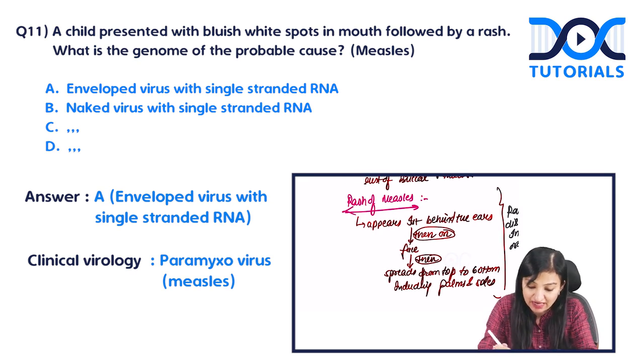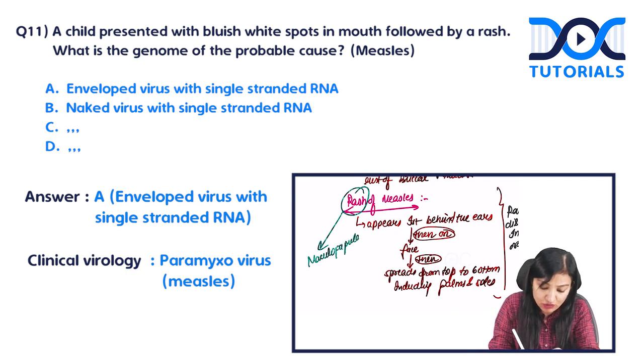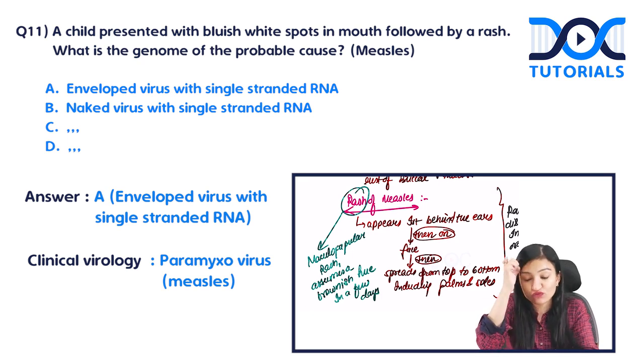And the rash is described as what? The measles rash is a maculopapular rash, and it assumes a brownish hue in a few days, and it may become confluent also.